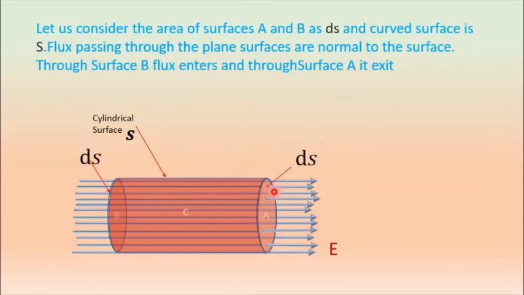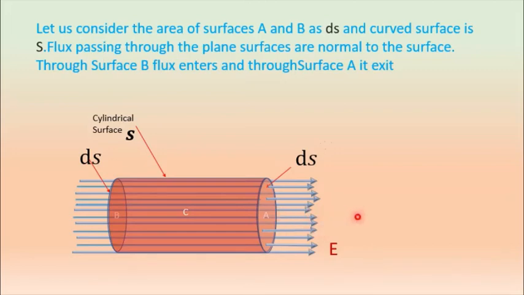Consider the area of the surfaces A and B as ds, and the area of the curved surface as S. The flux passing through the plane surfaces A and B is normal to the surface. Through the surface B it enters, and through the surface A it exits.